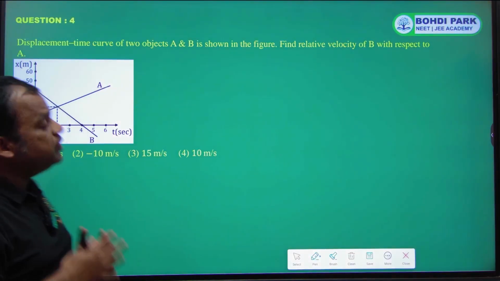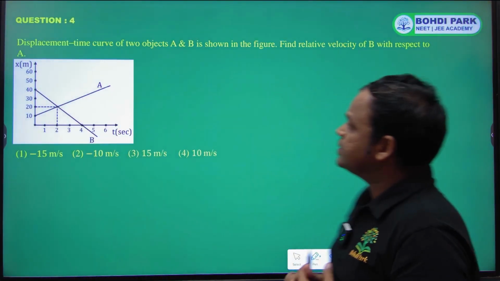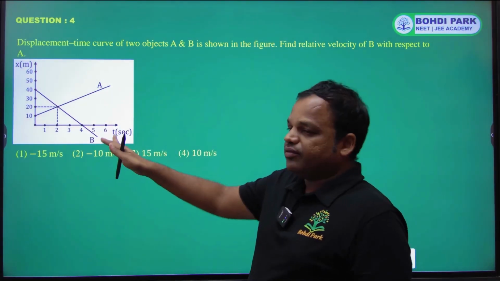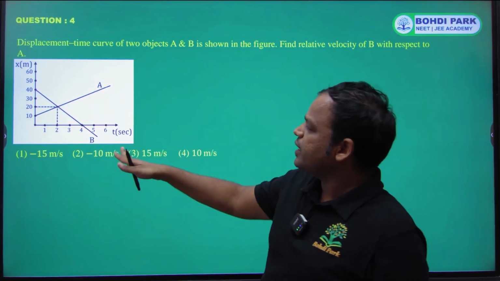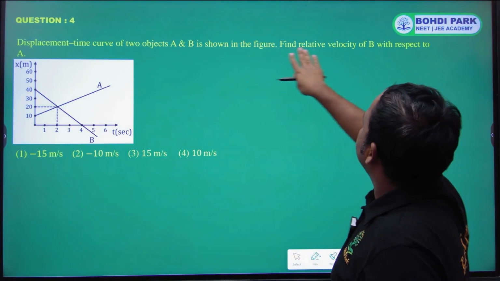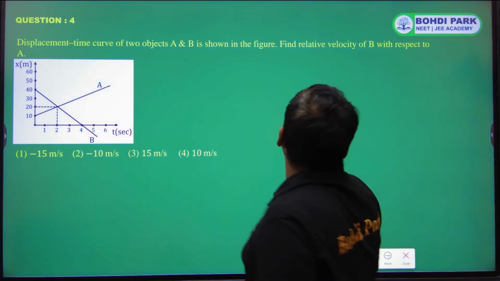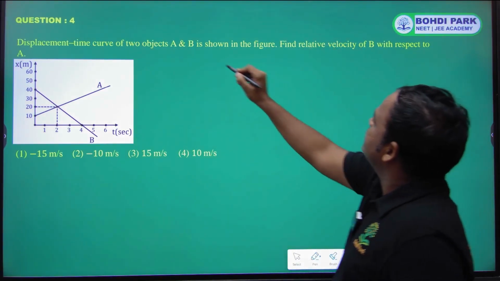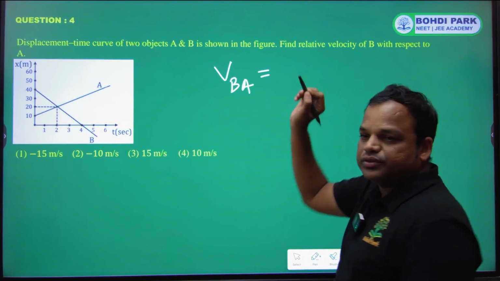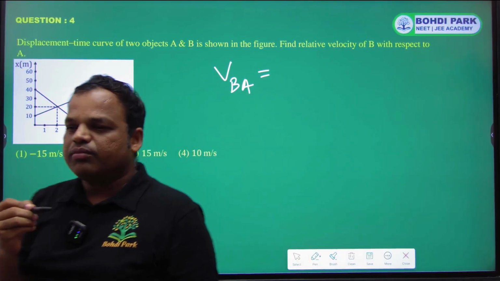Now question number 4. In this question, the xt graph, position-time graph, is given. We have to find, for two objects A and B, the relative velocity of B relative to A. So what is the formula for this?